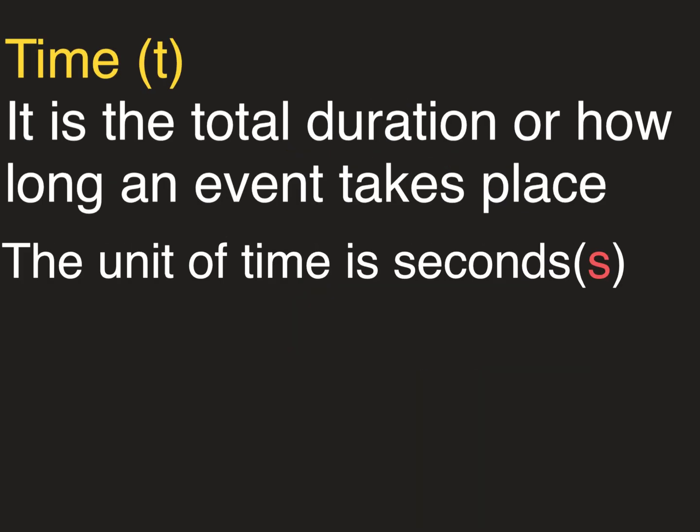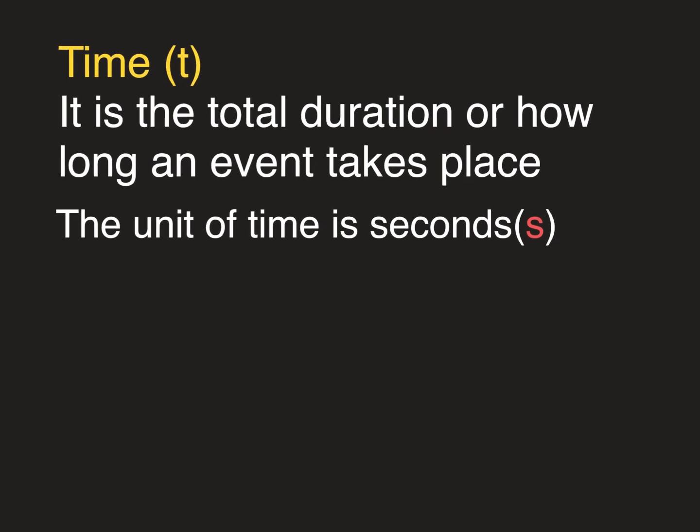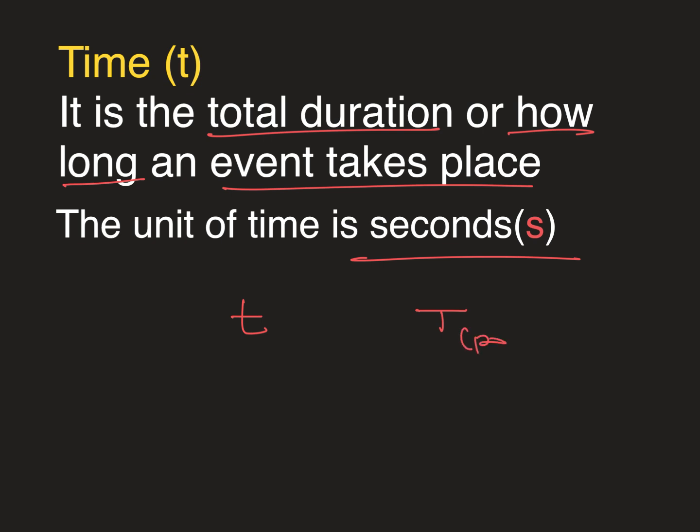Moving on to time. What is time? Time is the total duration or how long an event takes place. So if you are talking about circular motion, you are talking about the duration of the circular motion. So time is measured in seconds. But I will want to take my time here to emphasize that small letter t is for time and capital letter T is for the period.